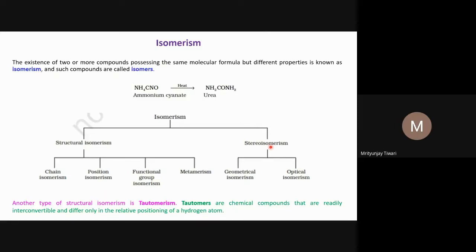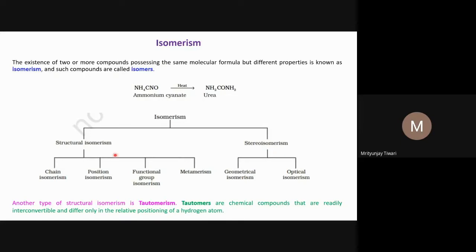So in stereoisomerism the structure will appear to be the same, but the attachment of the different groups in the two different compounds will be different, and because of the different orientations of a particular group or the two groups, certain properties of these two compounds will be different, but their structure will be same, molecular formula will also be the same.